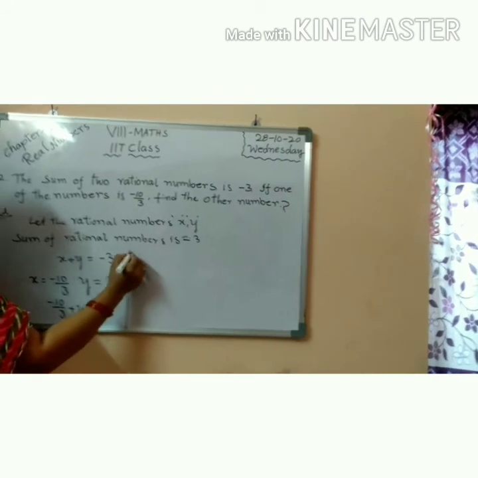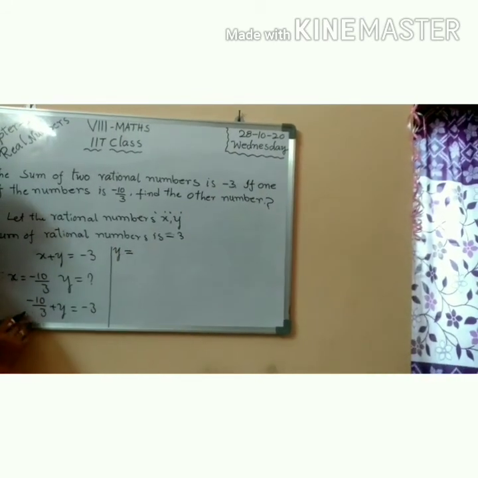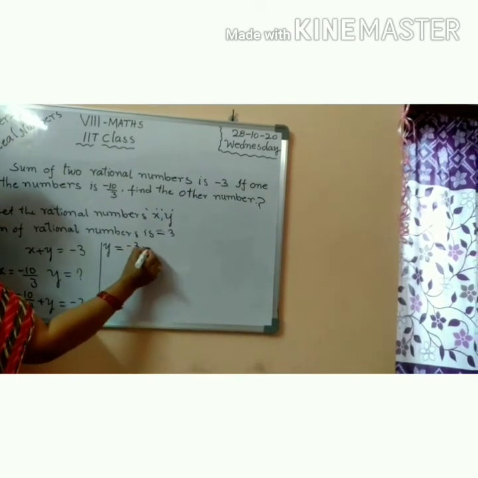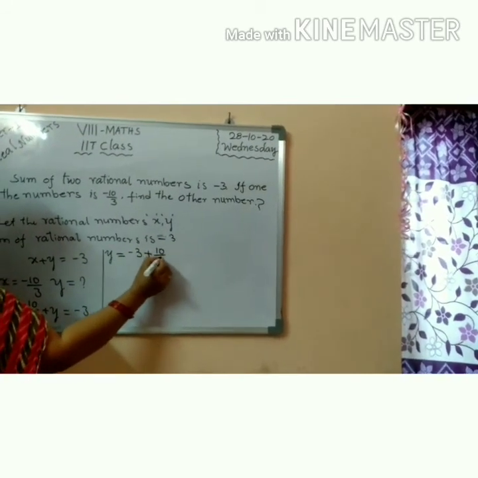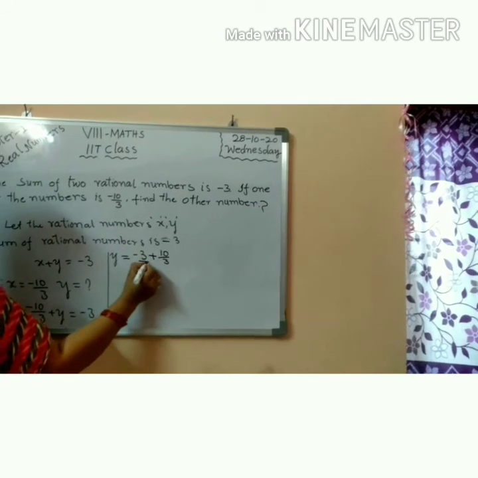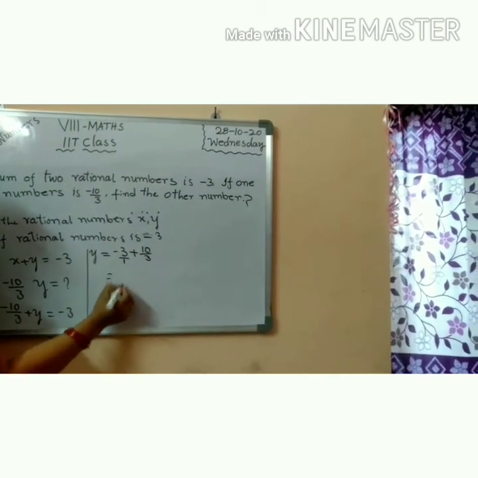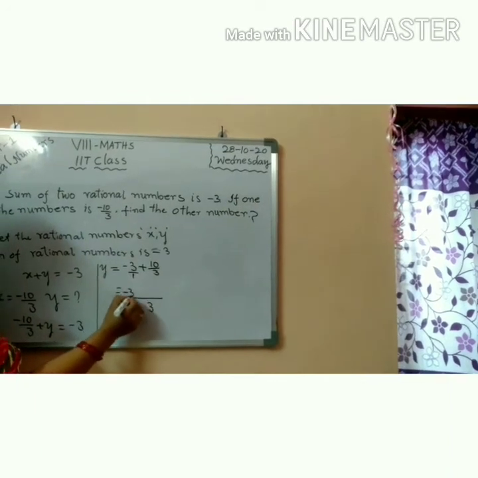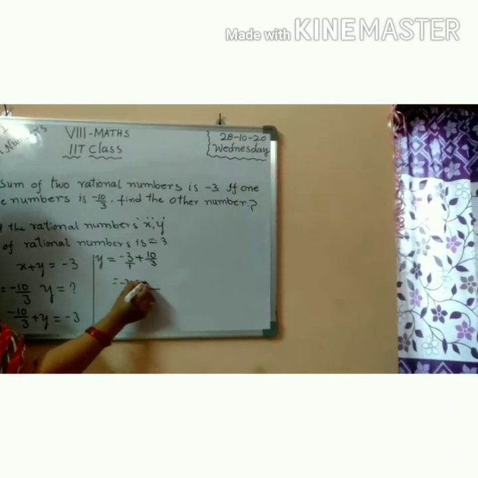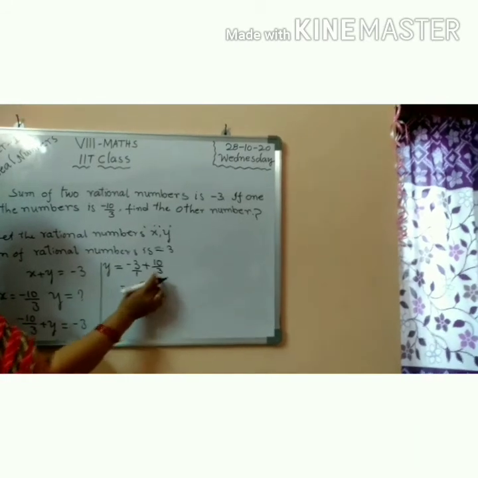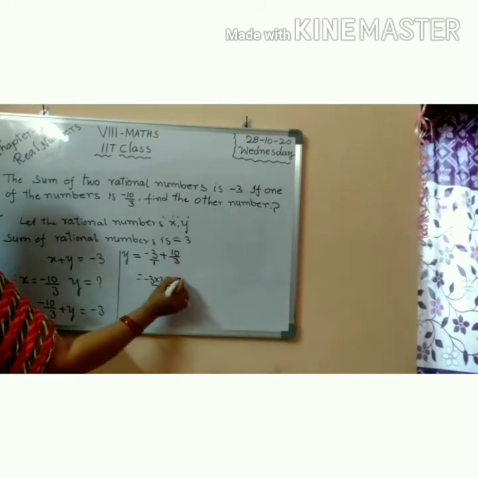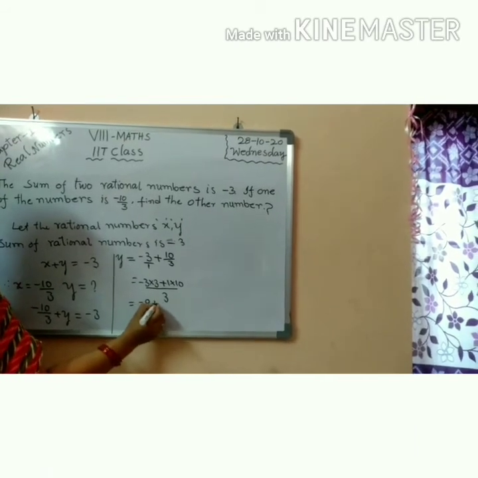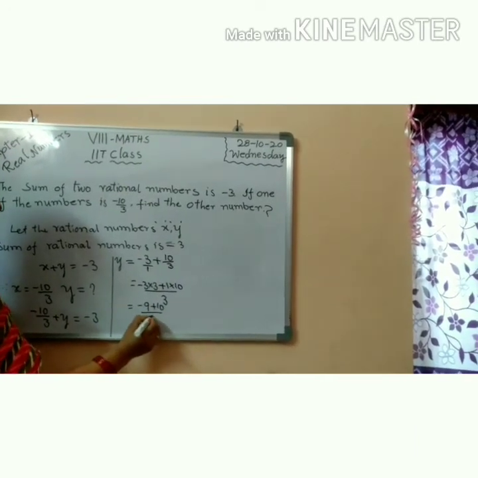Okay. Then here y equals, the negative quantity becomes positive, minus 3 plus 10 by 3. The LCM of the denominators, 1 and 3, is 3. Here 3 times minus 3 is minus 9, plus 10 by 3.